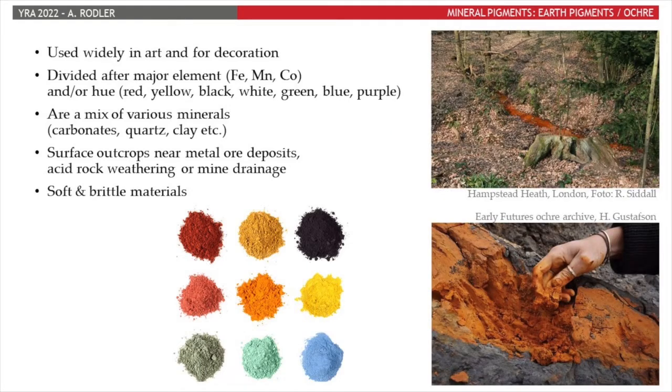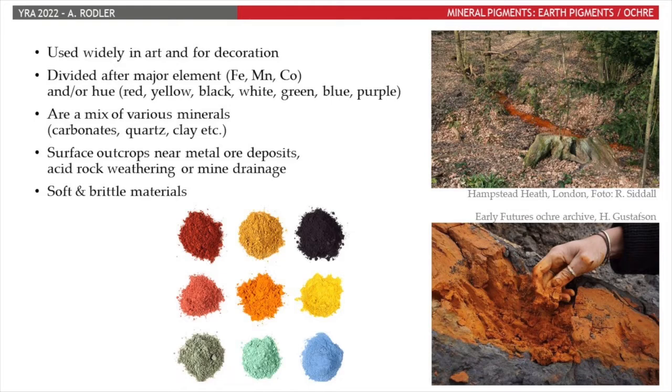So here you see pictures of, for example, the Hampstead Heath near London. This is a picture by Ruth Siddall that shows an earth pigment outcrop from acid rock weathering here in forest or along a river bed probably. And then the picture below is from the Early Futures Ochre Archive by Heidi Gustafsson.